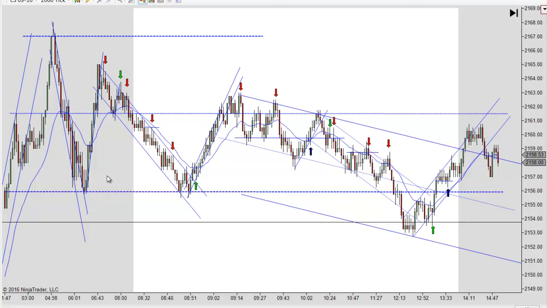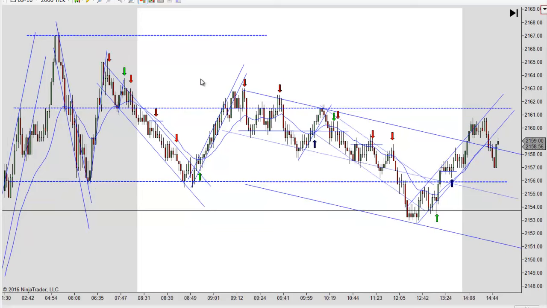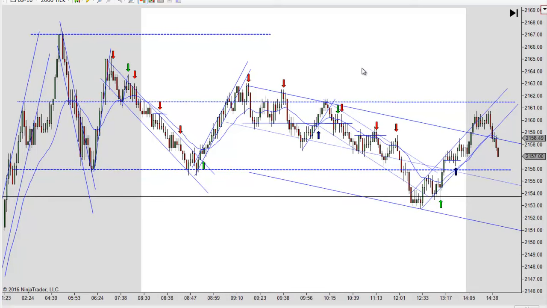So if we're going up, you're only looking to buy, and if we're trending down, you're only looking to sell, for the most part. So if you just stick to those basic rules, you'll have pretty good success. But when you throw the rest of the rules in there with it and you stick to those basics, you're going to have success.